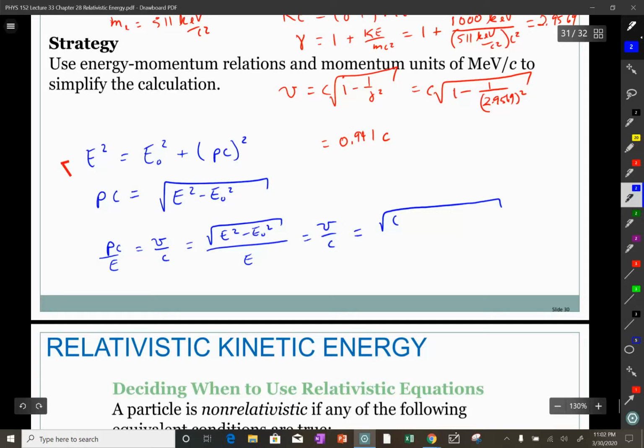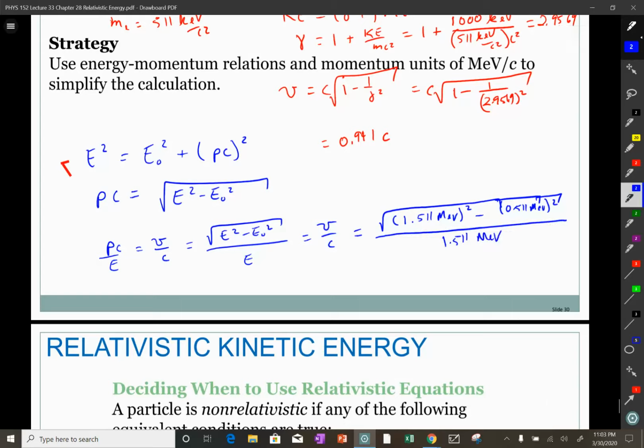So it's going to be 1.511 MeV quantity squared minus the 0.511 MeV quantity squared, all divided by 1.511 MeV. So that calculation is a little simpler, and if you do that calculation, it better come out the same.